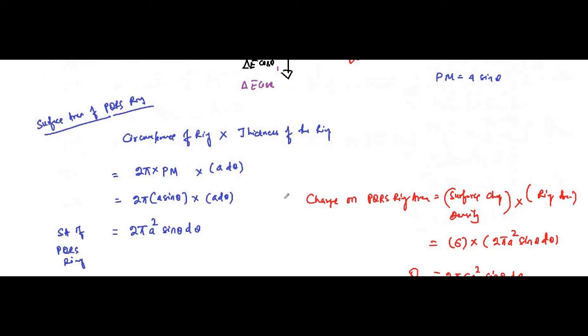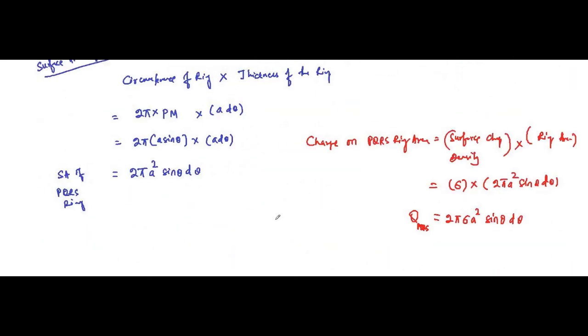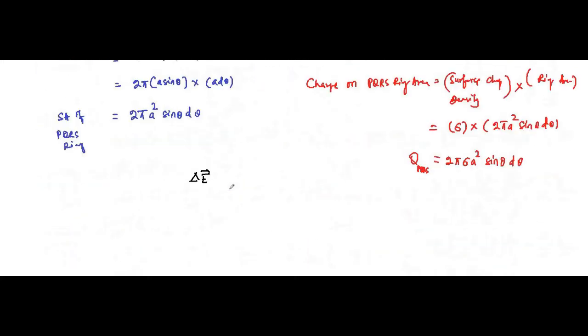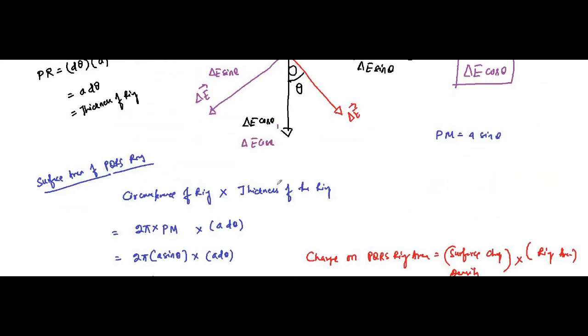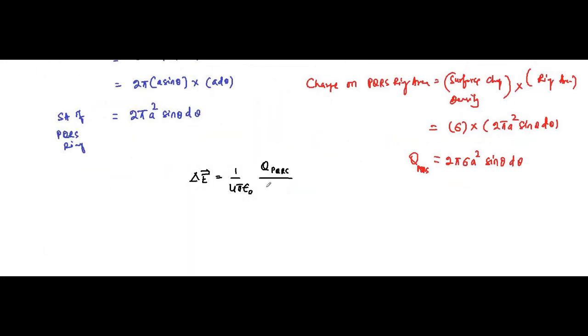So here the electric field intensity delta E vector because of this ring PQRS will be equal to 1 by 4 pi epsilon 0 q PQRS divided by A square, because the radius is A. Okay, A square by A square.